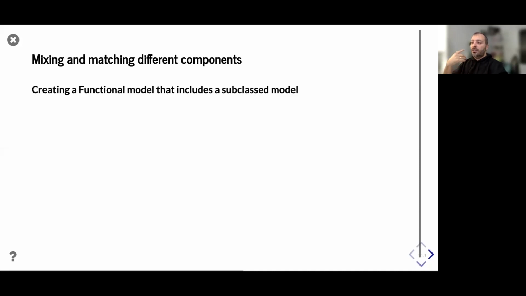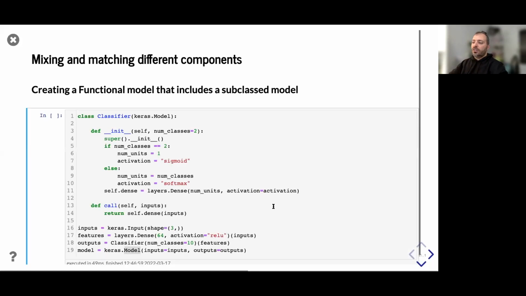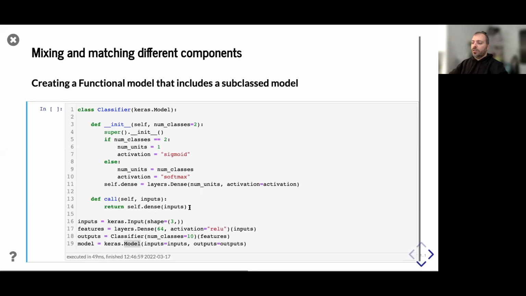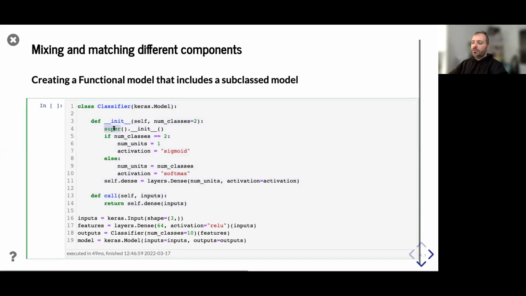For example, you can create a functional model that includes a subclass model. So you can create a very simple classifier with one layer. Again, you have to inherit from Keras.model, run the constructor, do whatever you want here, and write some call function that just calls a dense layer.